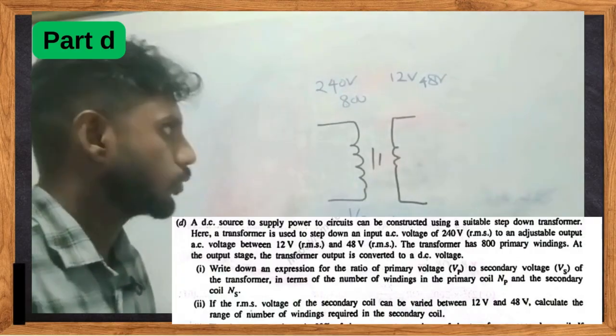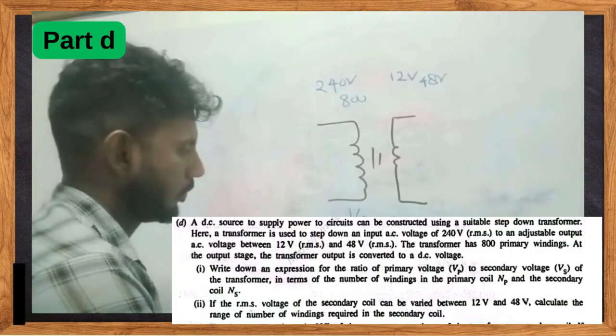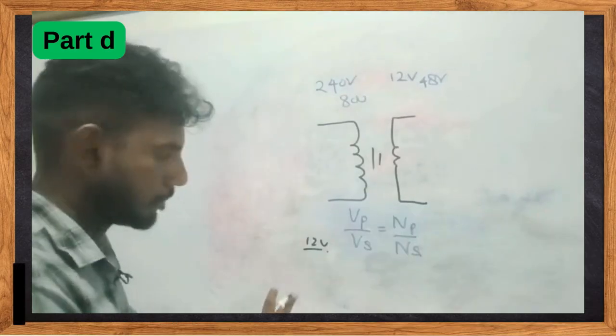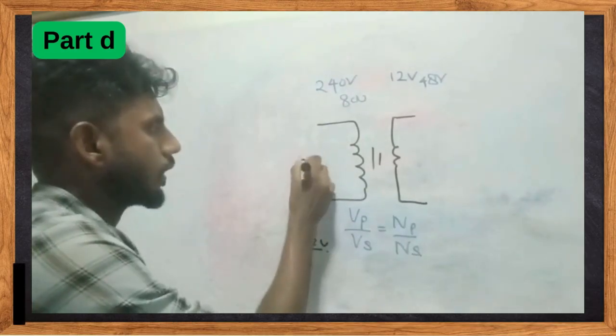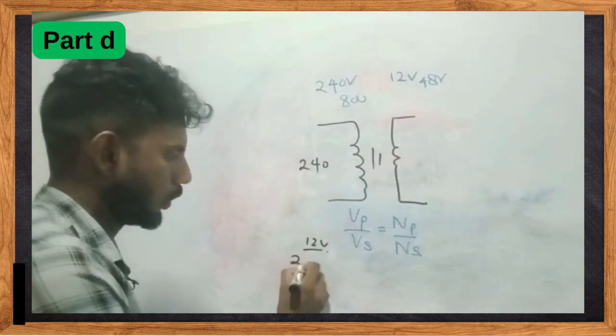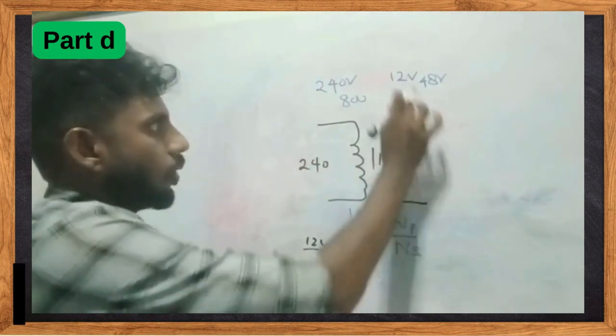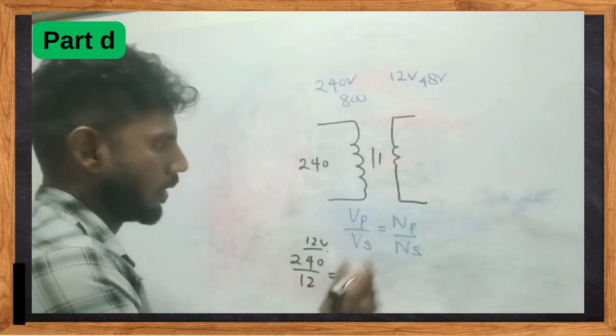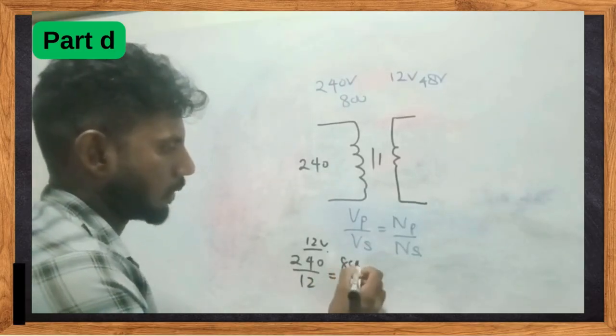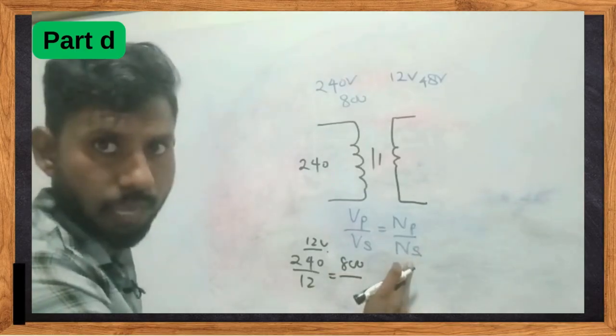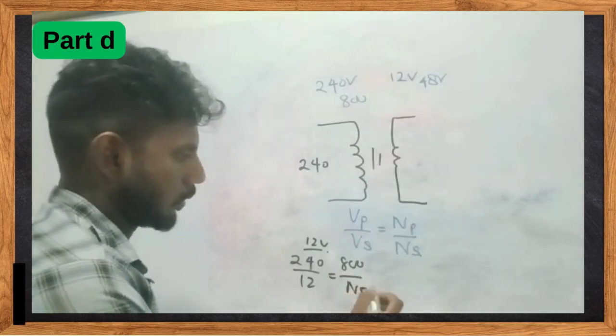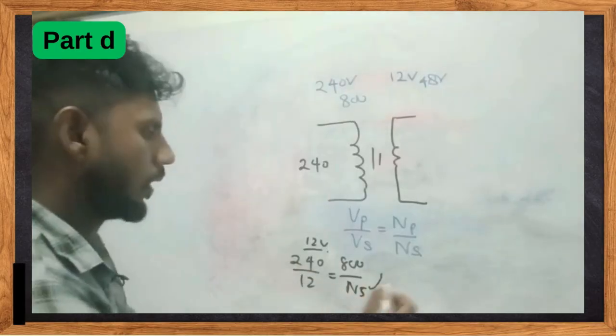Right, when it comes to 12 volt, let's do it here. For 12 volt, Vp, that's 240, that won't change. And the output voltage, we need 12 volt. And Np, that's of course 800, Ns, that's what they're asking from us. So let's make Ns the subject here.